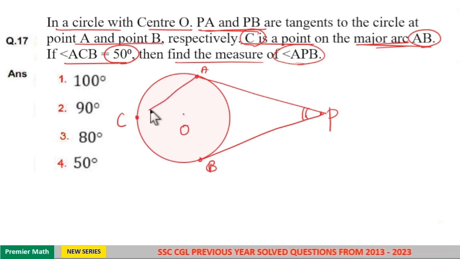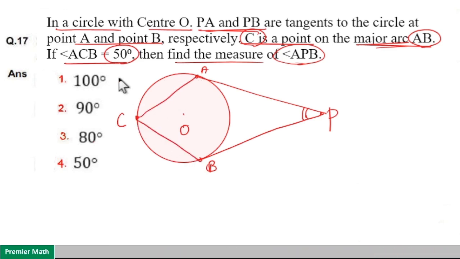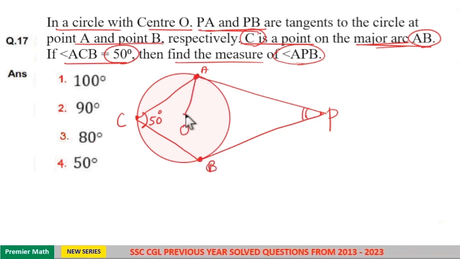Now angle ACB is equal to 50 degrees. You can see this is the major arc and this is the minor arc. Now this arc AB creates an angle at the center of the circle, and this angle is equal to 100 degrees.